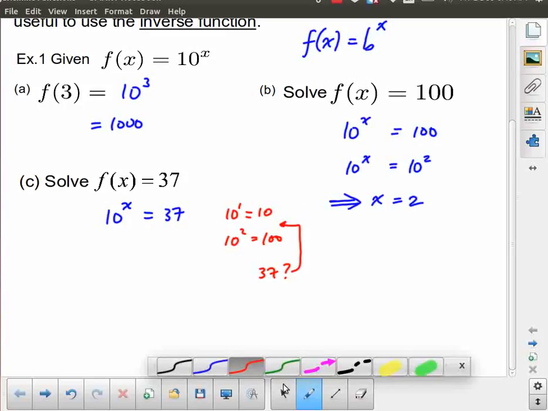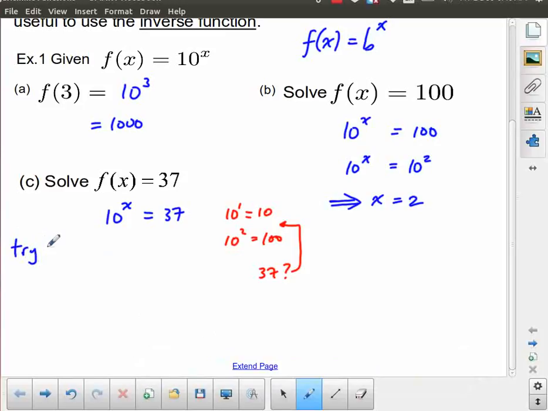And so for this, I might try different values. I might try 10 to the 1.5. And it turns out that it's approximately 10 to the 1.6 that gets me closest to my value on this one.